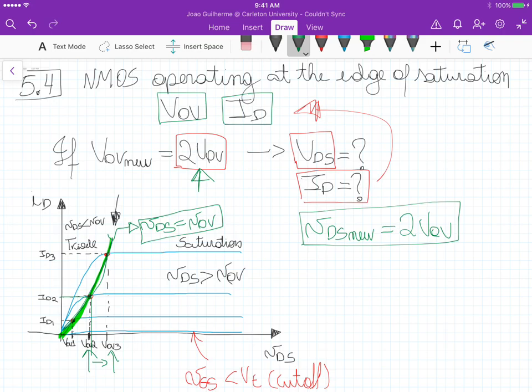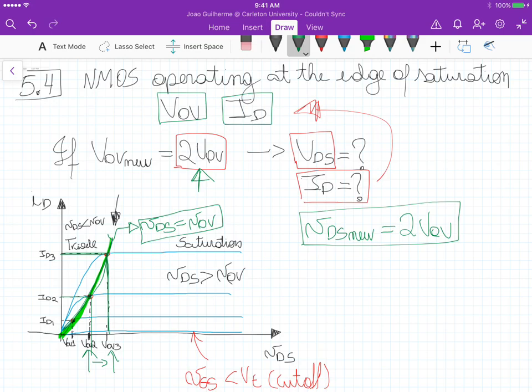If we increase the overdrive voltage and keep working at the edge of saturation, it means that we are going to increase the drain current, right? Now, how do we calculate by how much, what's the factor that this new drain current is increasing with respect to the previous one?